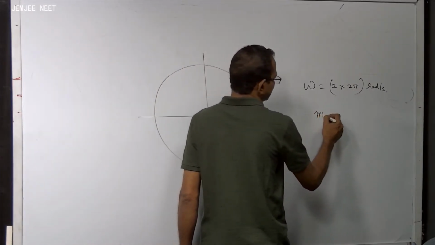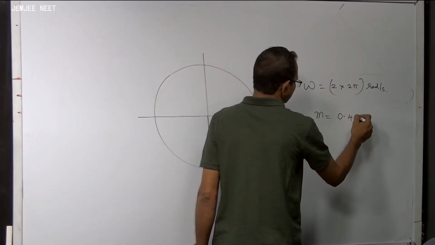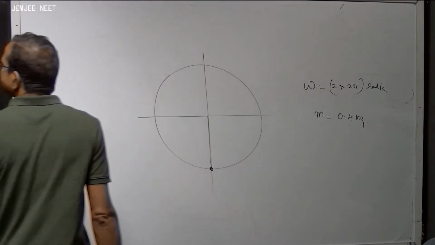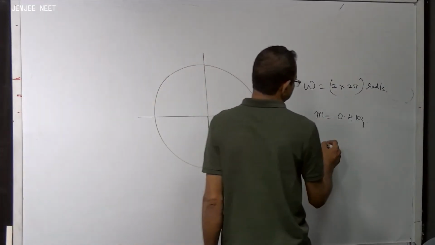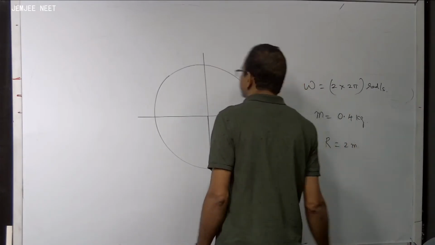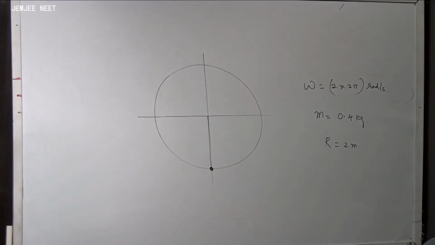Mass, 0.4 kg, sorry. Radius 2 meter. What did they ask? Tension, so simple.